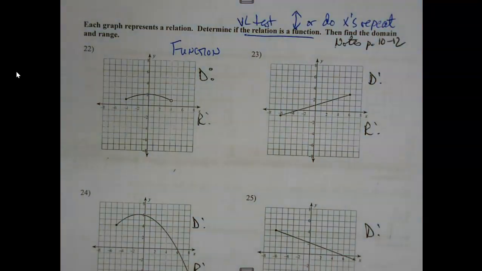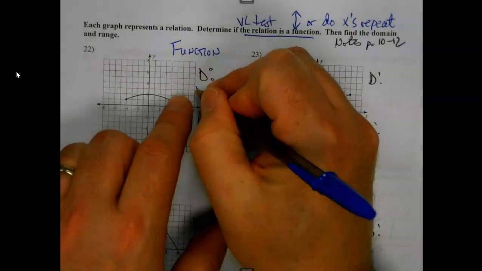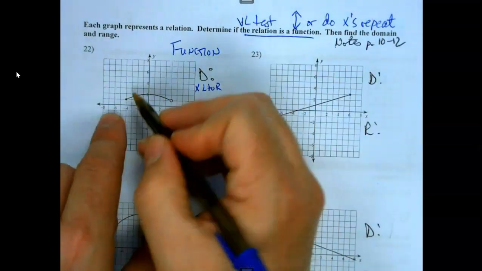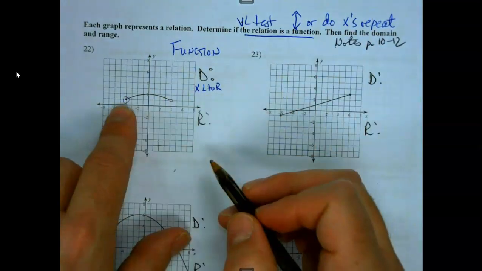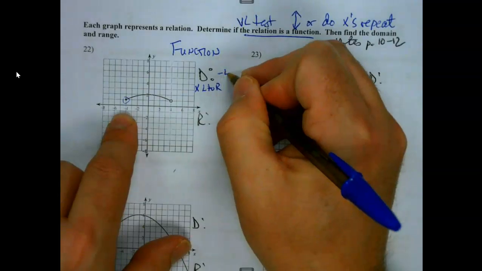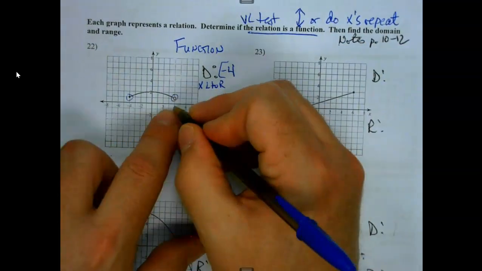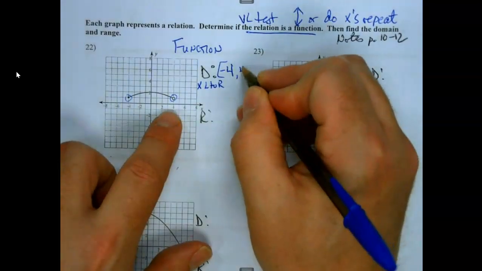Okay? Domain and range. Now that's a little different of an animal. Domain and range, we're looking to see x values left to right. So I notice there's the furthest point to the left at -4. There's the furthest point to the right at +4.